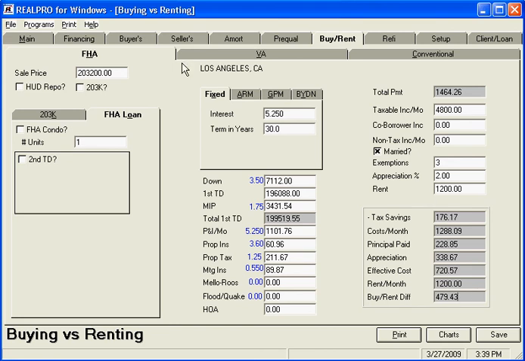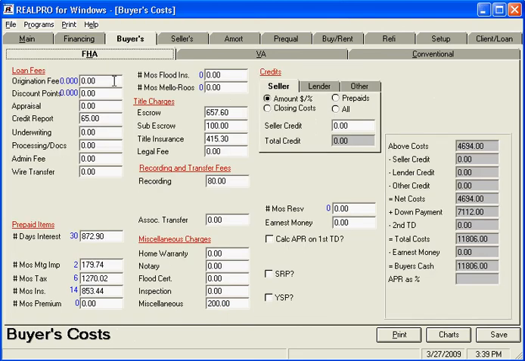We can go right from here to the buyer's costs, and you'll have your good faith estimate. We'll say 1 point origination. The appraisal is $400, and the loan fees are $1,400. We've got 30 days of interest, 2 months mortgage insurance impounds, 6 months taxes, 14 months insurance. Here's your escrow fee. I'm going to change the sub-escrow to $125.